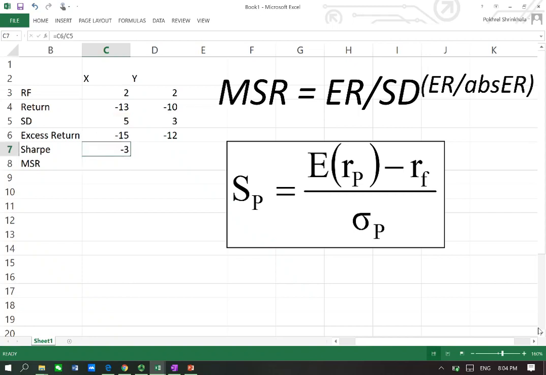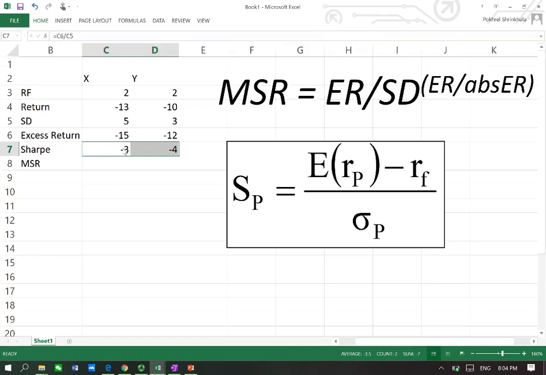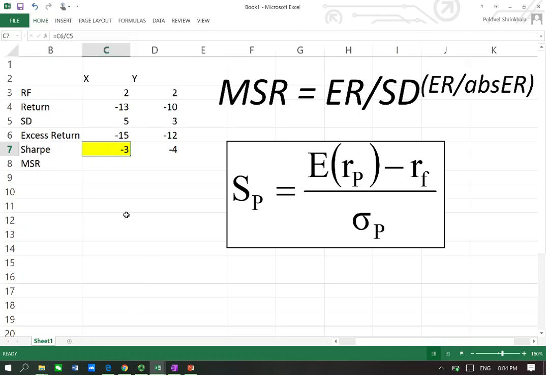According to the Sharpe ratio, higher is better. So minus 3 is higher compared to minus 4, because they are negative. So the Sharpe ratio is saying that between these two, the portfolio with higher risk adjusted return is portfolio X. I give it a color to say X has superior risk adjusted return as given by the Sharpe ratio.